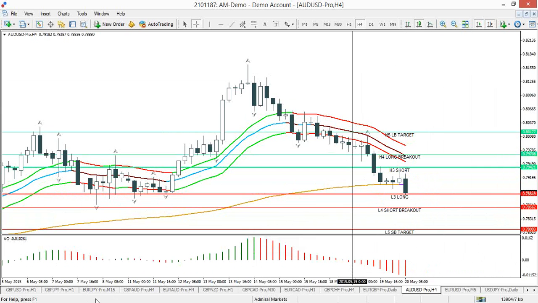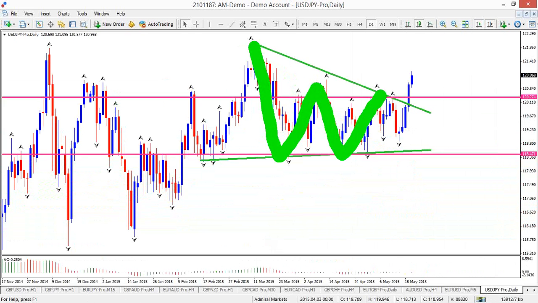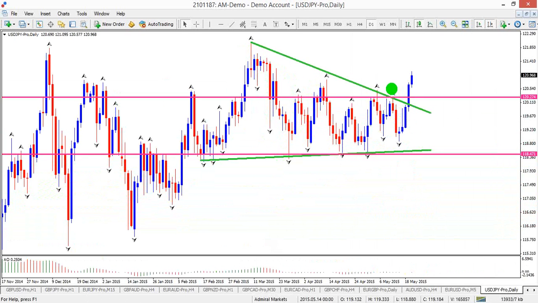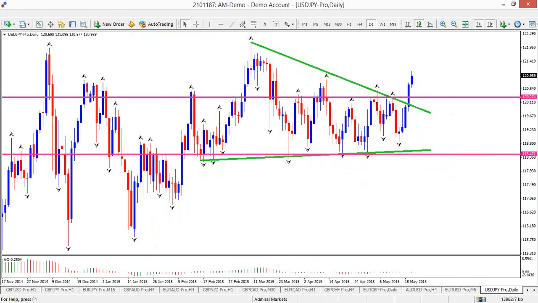All right, last but not least, the dollar yen. And the dollar yen probably completed the triangle. We have A, B, C, D, E. And now that we broke above D and above B as well, this triangle is probably completed, and we're seeing a breakout to the upside.